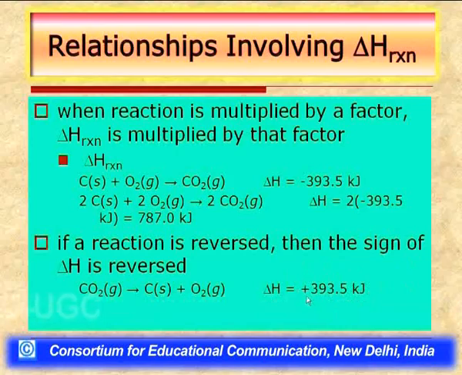It means if the combination of carbon and oxygen to form carbon dioxide is an exothermic process, then the decomposition of carbon dioxide to form solid carbon and release oxygen, the reversal of the earlier reaction, would be an endothermic reaction rather than an exothermic reaction.